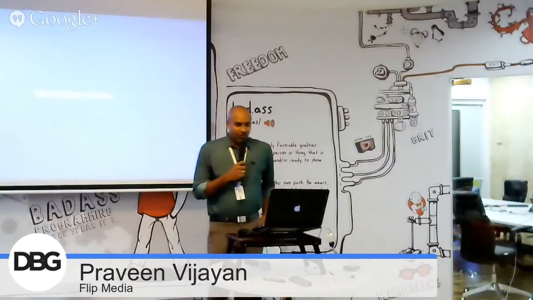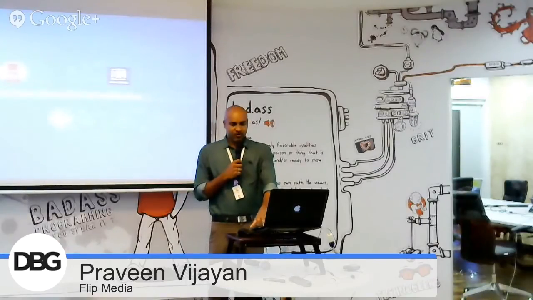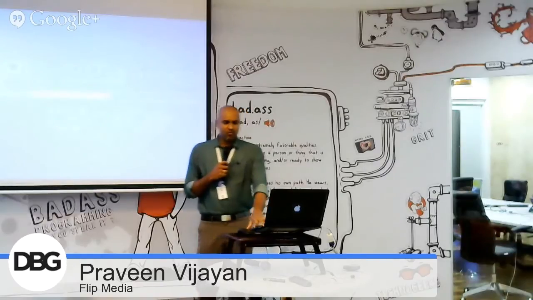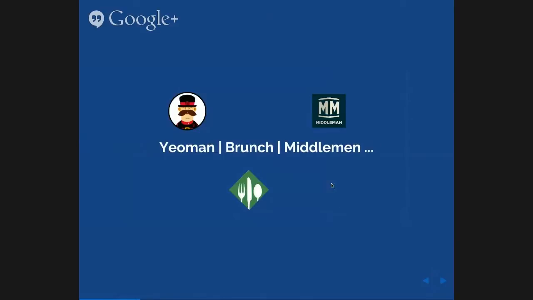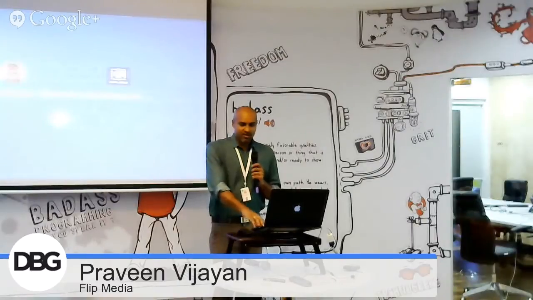We'll discuss a few workflow tools here. It's an overview. Workflow tools like Yeoman, Grunt, Middleman. These kinds of tools will help us to deal with our tasks, right? That will help to automate our tasks.